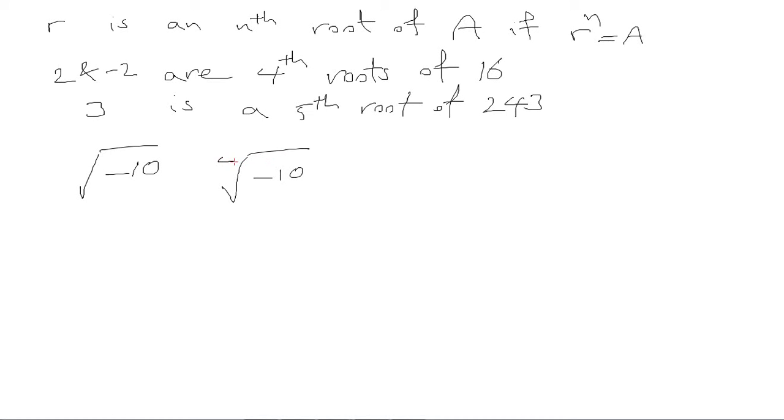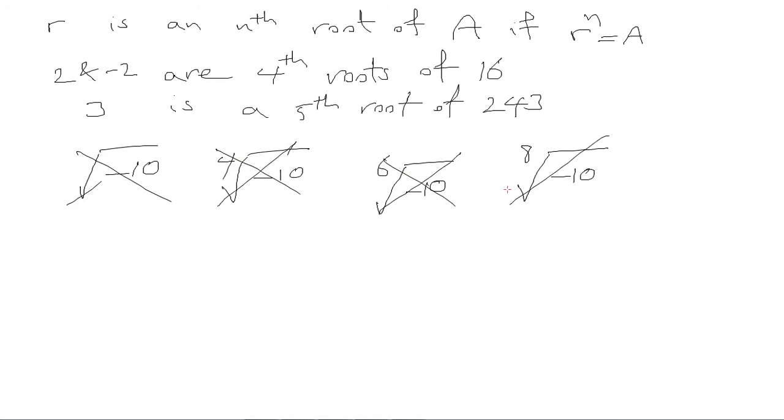Radical index 4 of negative 10 does not exist. Radical index 6 of negative 10 does not exist. Radical index 8 of negative 10 does not exist. None of these exist. That is because only non-negative numbers have even roots.